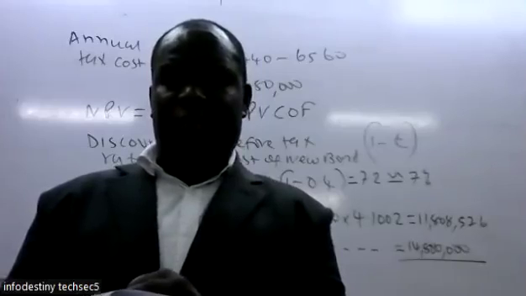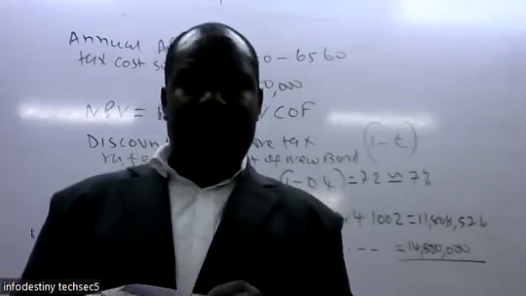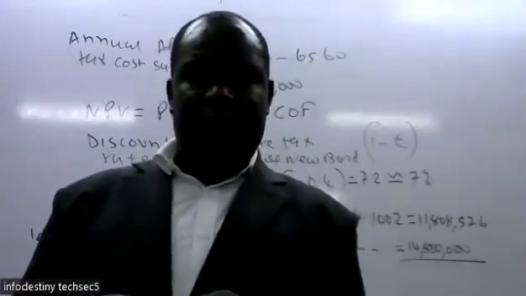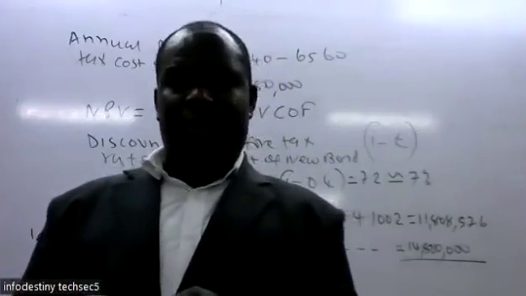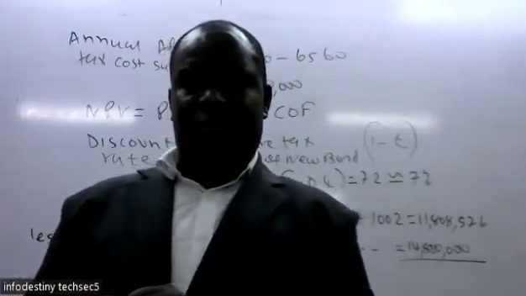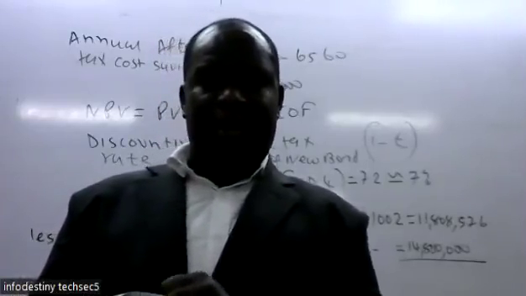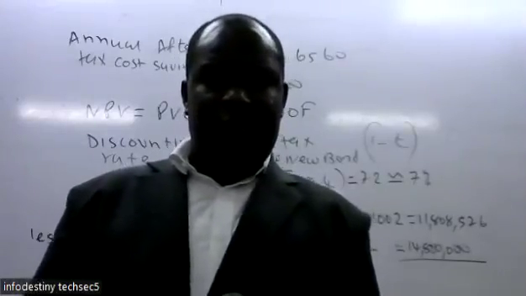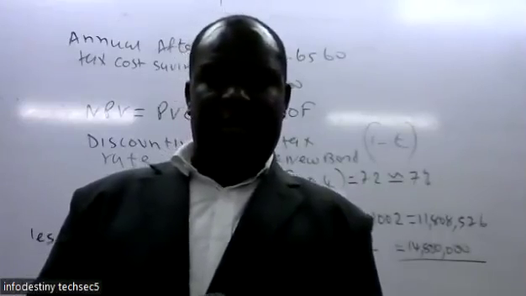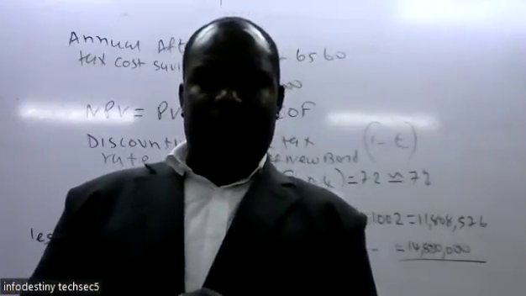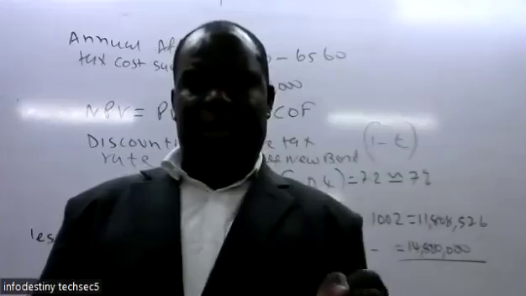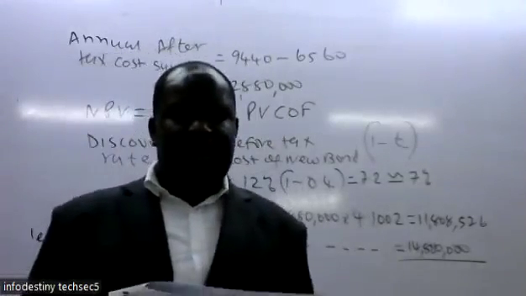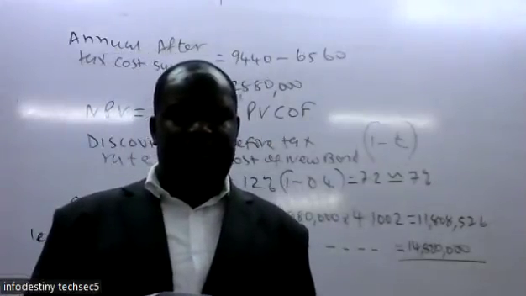The machine will also have an 8-year life with no salvage value, and it will be depreciated on the straight line basis. The company's optimal capital structure is 50% debt to total assets, and the before tax cost of debt and the cost of equity are 15% and 25% respectively. The corporate tax rate is 30%.